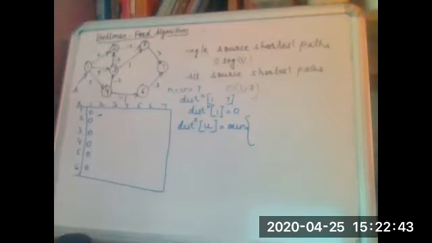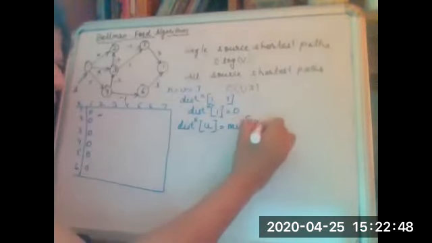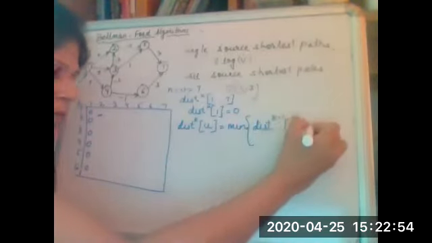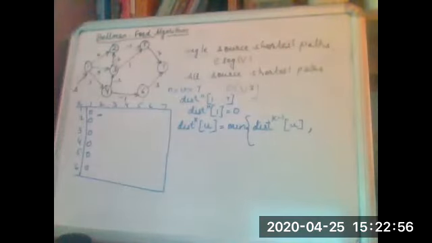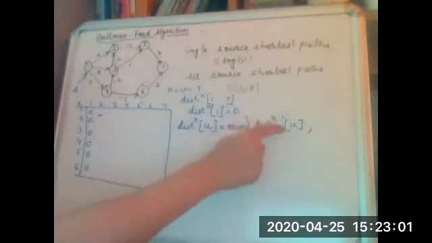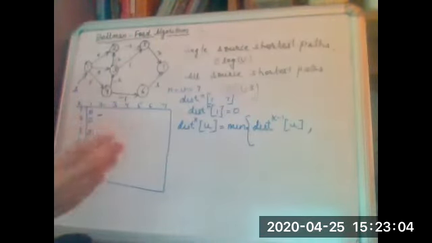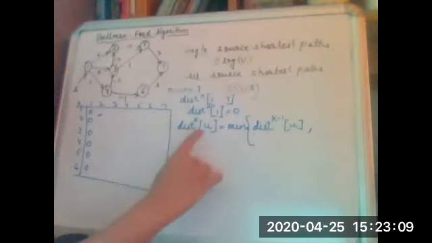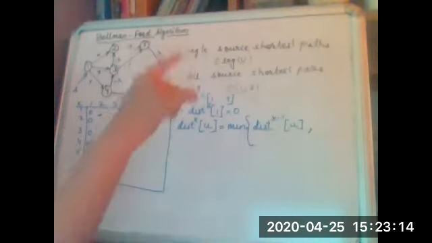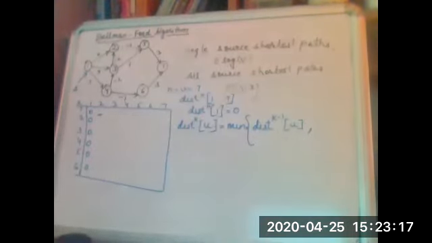In the formula we have two values. One says: what is the distance with k minus 1 for u? If we are not considering any new intermediate vertex, what was the previous minimum distance when I had already considered k minus 1 vertices? Let's say when I'm calculating this, k value is 3. So right now I would be considering what was the value when it had only 2 vertices. I hope it is clear till this point.